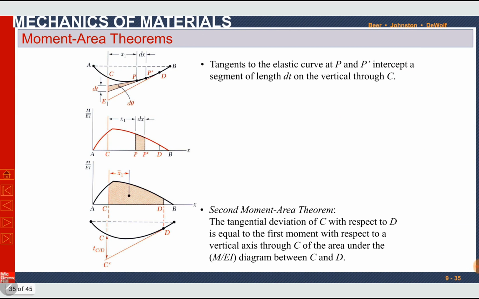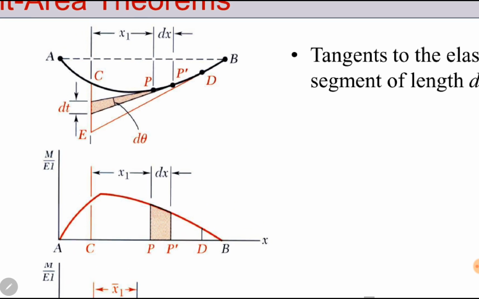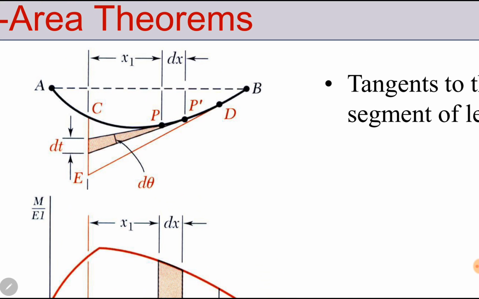If we move forward, we can define another moment area theorem. Here in this diagram, this is the elastic curve of the deformed beam between any 2 points C and D. If we draw a vertical line at C like this one, and we consider any 2 points between C and D, P and P dash, let us draw 2 tangents, one at P and the other at P dash.